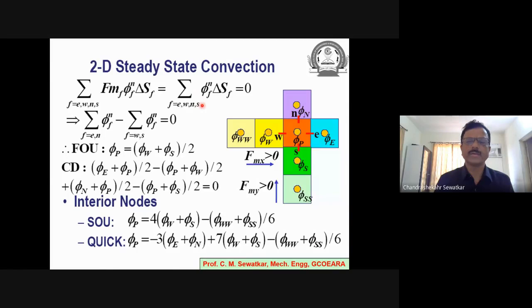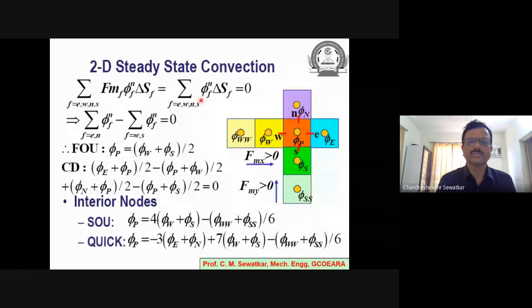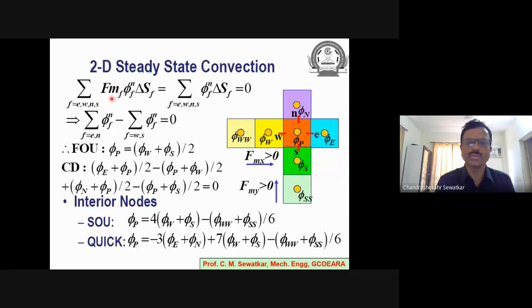If I look at the equations carefully here, I can write down this equation now because this quantity is all equal to 0, because this m_F is not 0, my mass flux cannot be 0. The summation of the rest of the quantity is equal to 0.